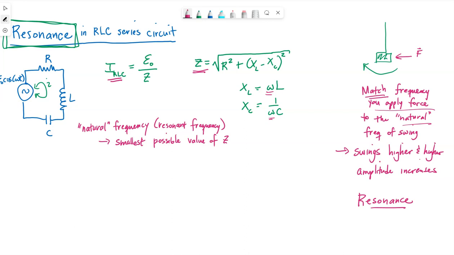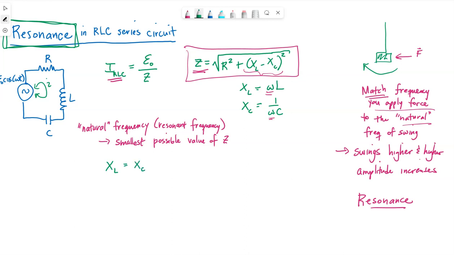Well, if we look at the equation for Z, we always have the R squared, the resistance, plus some quantity of XL minus XC squared. So we're always adding this quantity. Ultimately, this natural frequency will occur if XL is equal to XC.